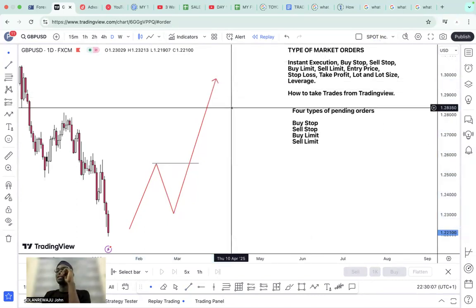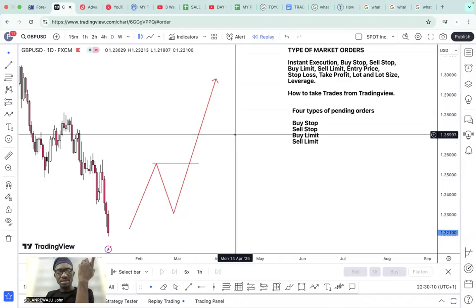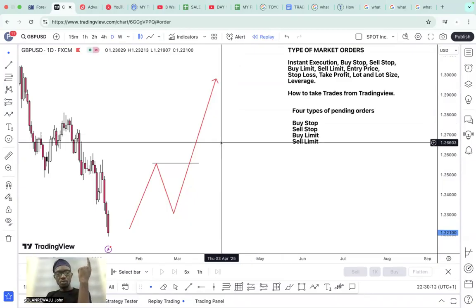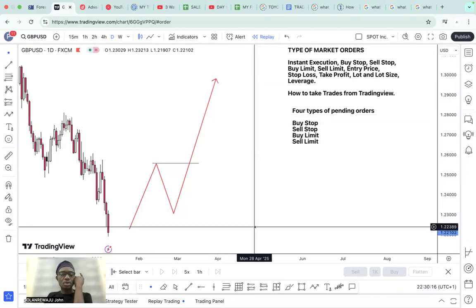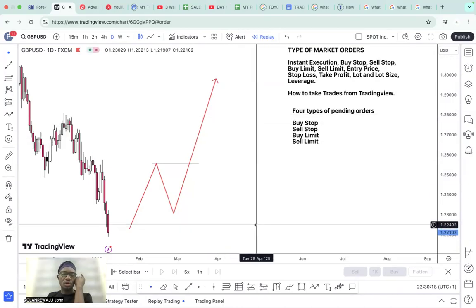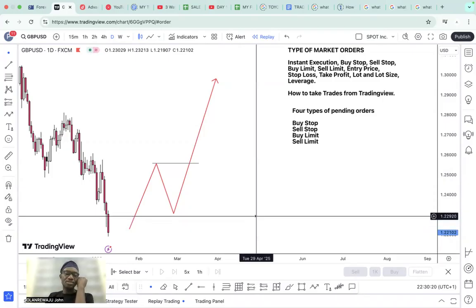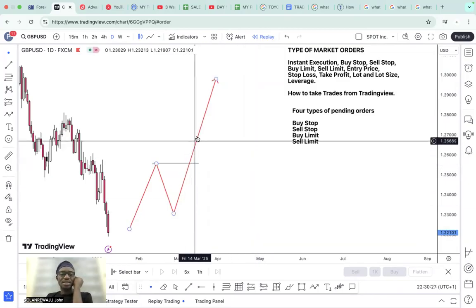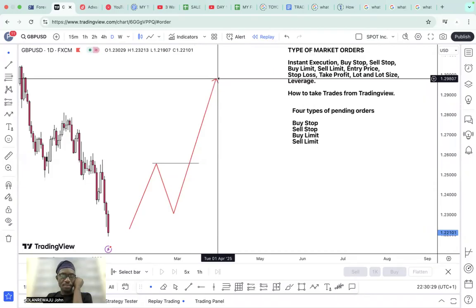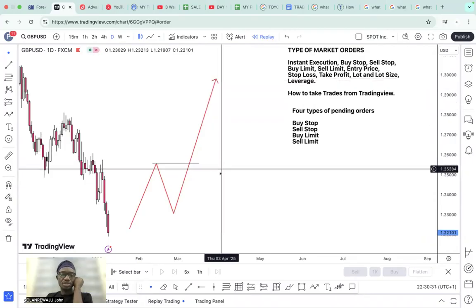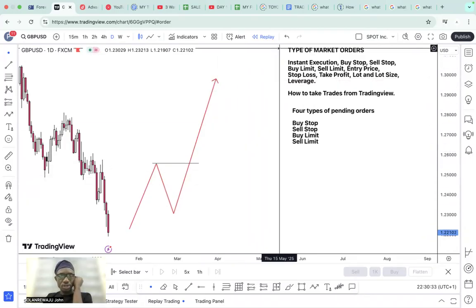That is one type of trader. However, buy limit is that I want to buy the market at a future price, but at a future price that is lower than the current market price. Buy stop is higher, buy limit is lower. So buy stop is that this market has gone to create a higher high. I want it to come back to create a higher low so I can follow it up.